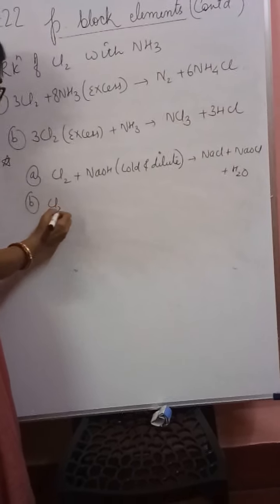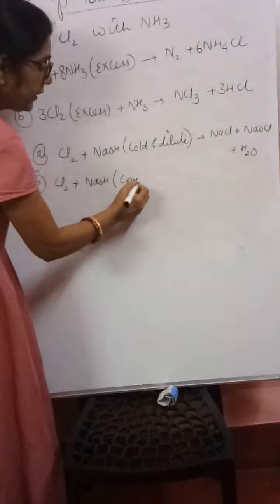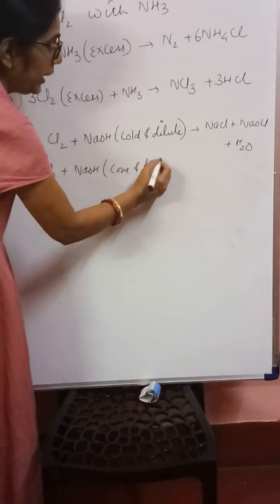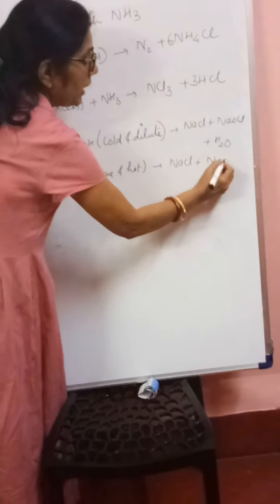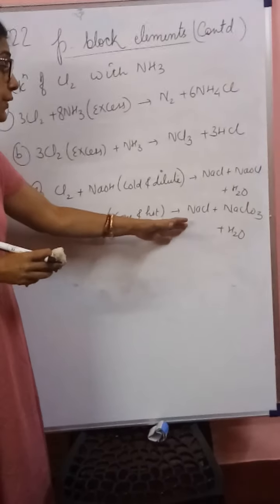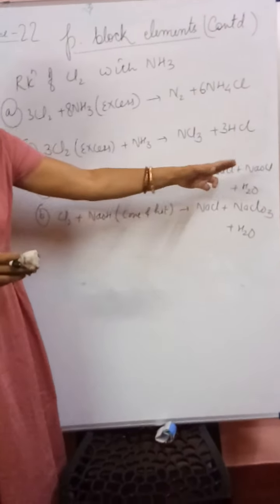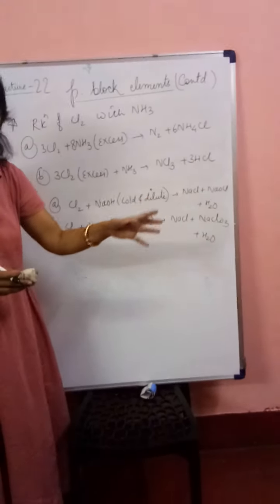Whereas when chlorine reacts with concentrated and hot NaOH, the product is different: NaCl plus NaClO3 plus H2O. So here the product is sodium chlorate and there the product was sodium hypochlorite. However, NaCl and water are common in both cases.